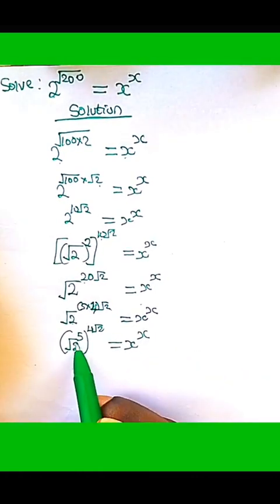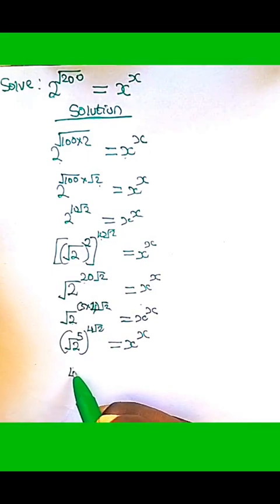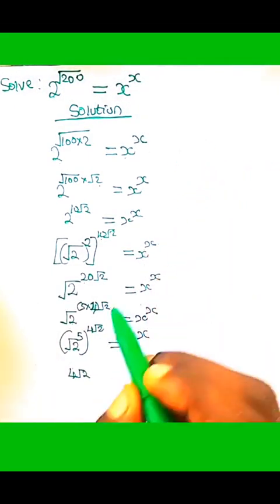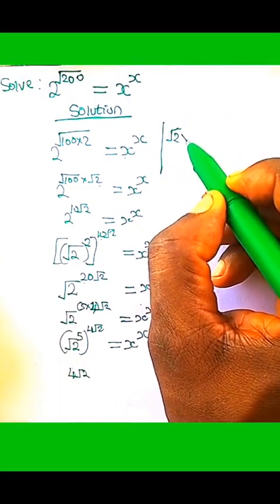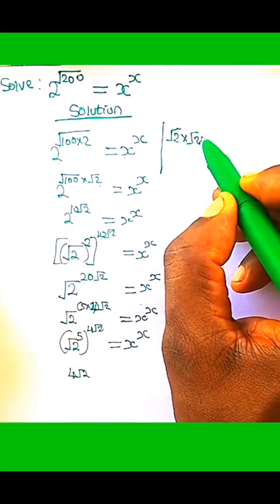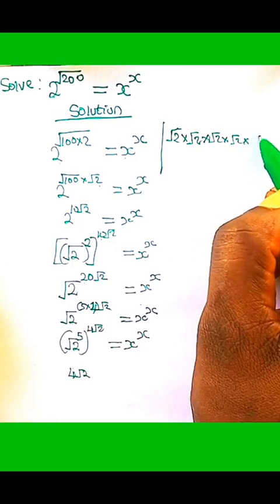So if you look at this, root 2 to the power 5 could be written as 4 root 2. Let me explain. Root 2 to the power 5 means root 2 multiplied by root 2 multiplied by root 2 multiplied by root 2 multiplied by root 2.